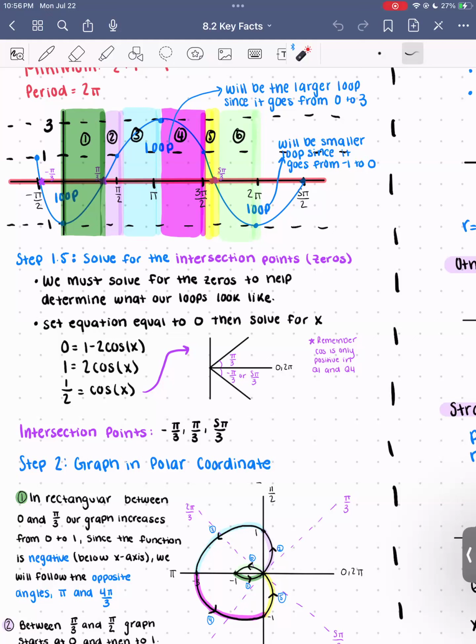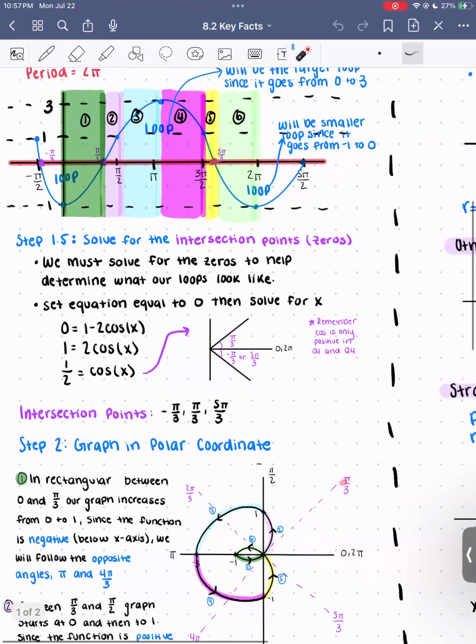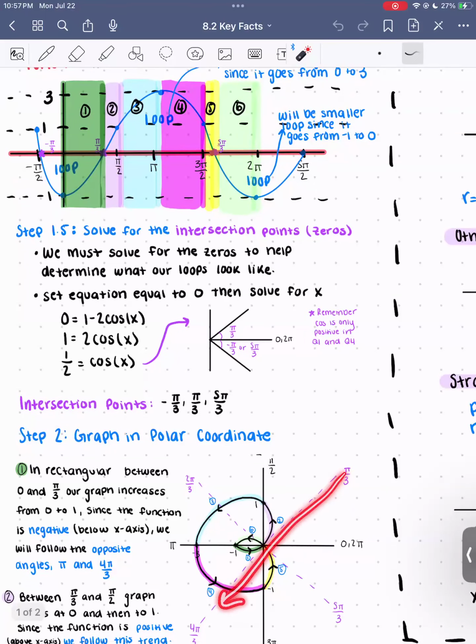So since the function is negative, because this is below the x-axis, we're going to have to follow the opposite angles, because whenever we're below, remember when we're talking about our oriented distance, we don't like negatives. So we're going to have to go the opposite direction when we're talking about negatives. So instead of going from 0 to pi over 3, the opposite of 0 is pi, and the opposite of pi over 3 is 4 pi over 3.